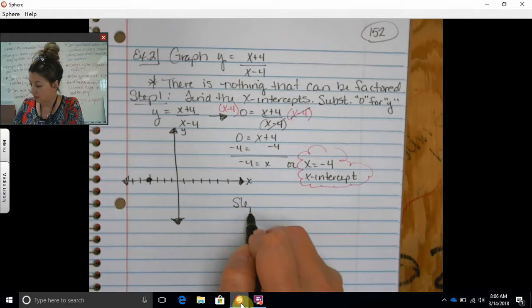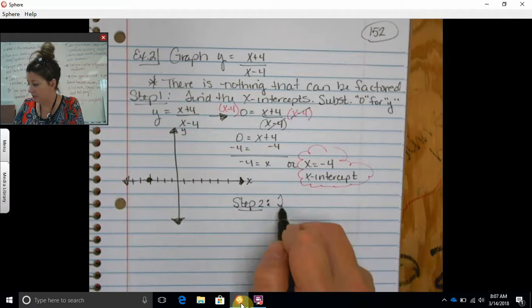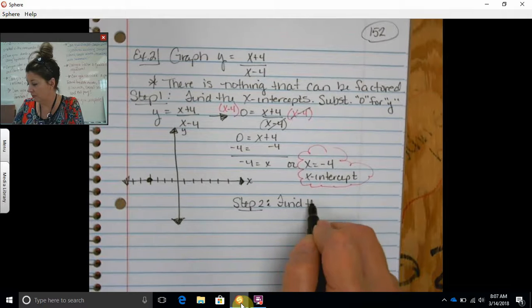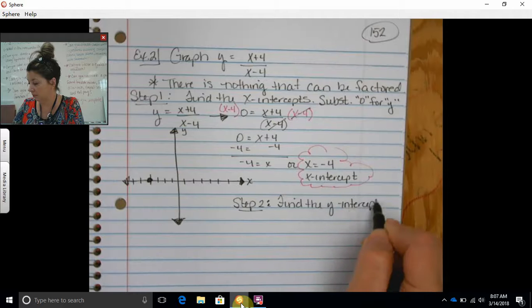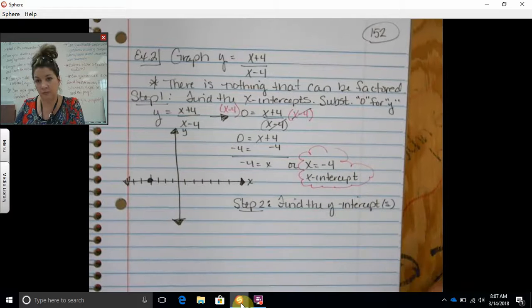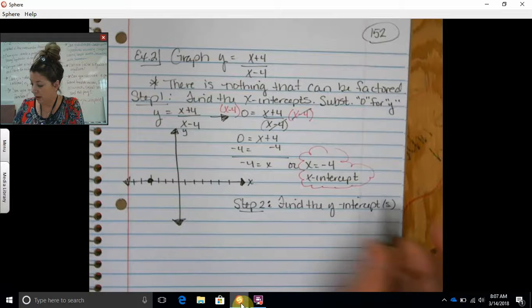Step 2, I have to find the y-intercepts. To find y-intercepts, we substitute a 0 for x and solve for y.